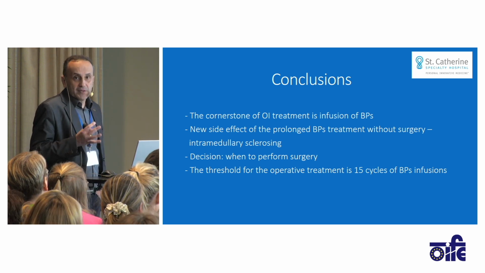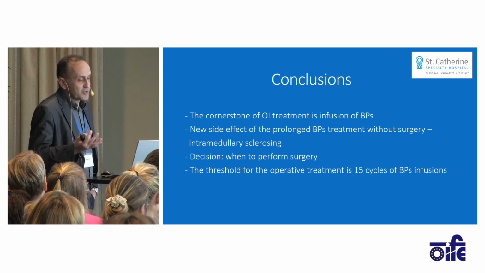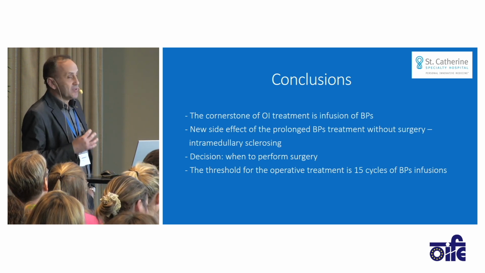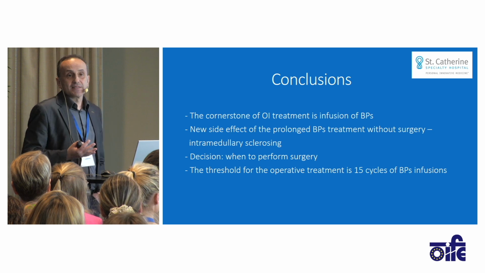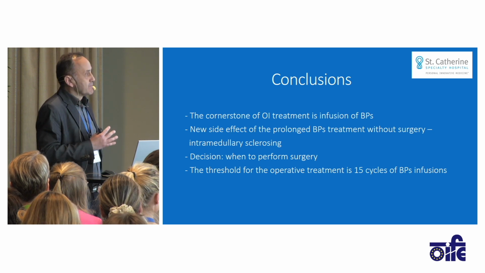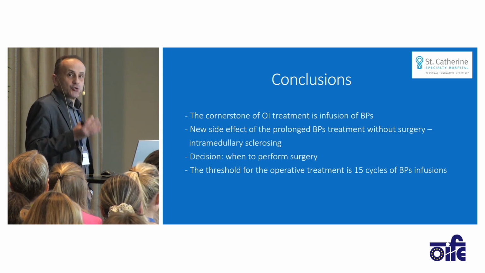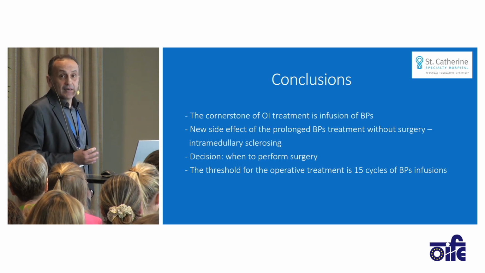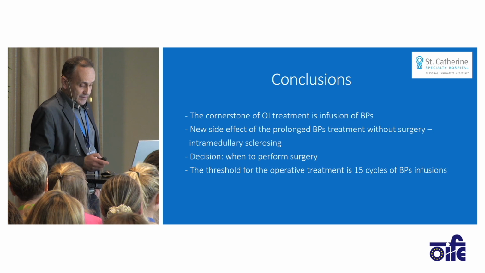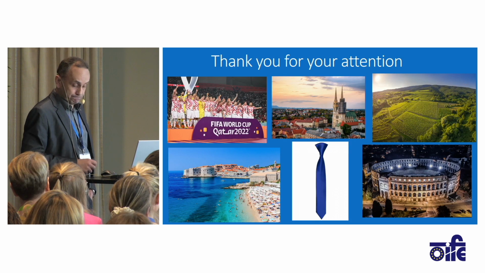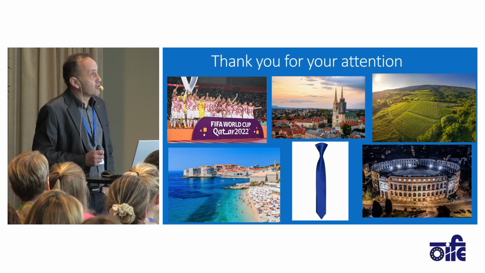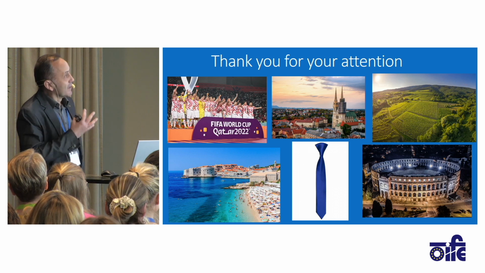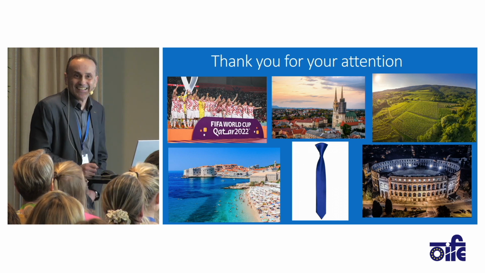All of us should decide for ourselves when to start with surgery, but according to our results, the threshold when we should take surgical treatment into consideration should be 15 infusions of bisphosphonate.